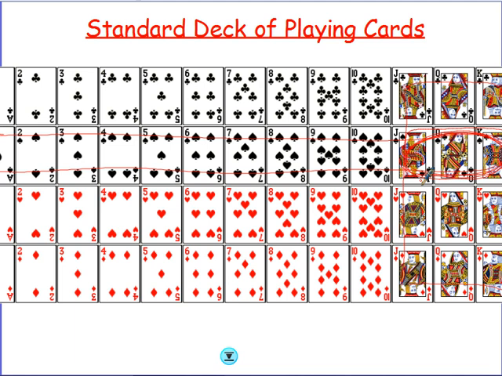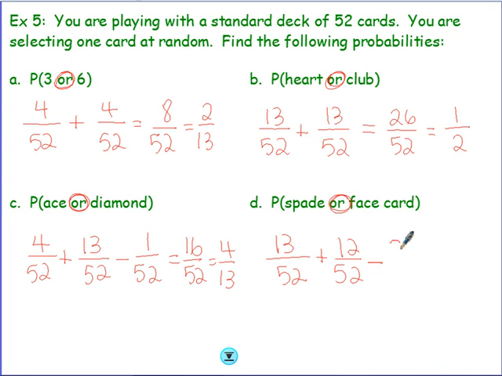The Jack, Queen, and King of Spades have both spades and faces. So we are going to subtract 3 out of 52. 13 plus 12 is 25, and 25 take away 3 is 22 out of 52. Those can both be reduced by 2, and you get 11 out of 26.